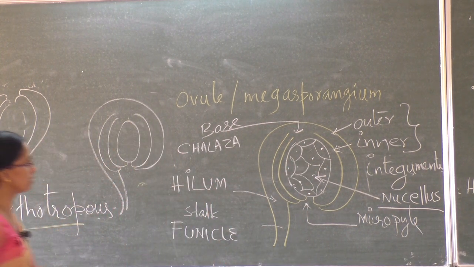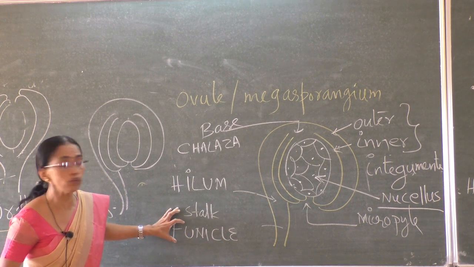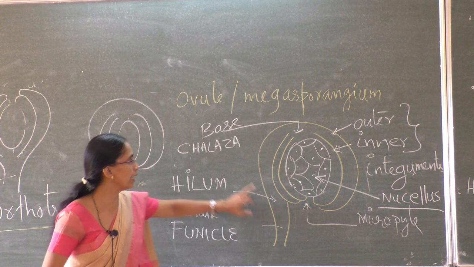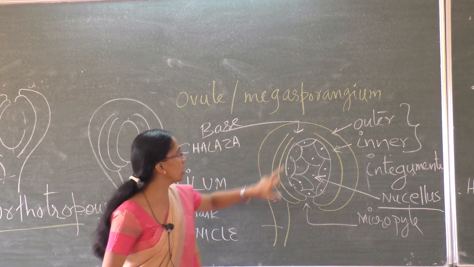So an ovule has a stalk called funicle. The stalk is attached to the body at a point known as hilum. The base of the ovule is chalaza.